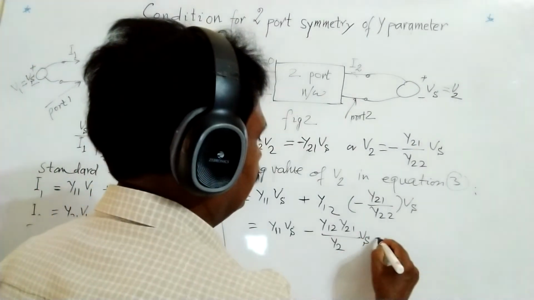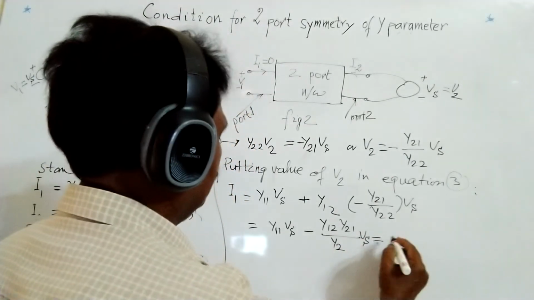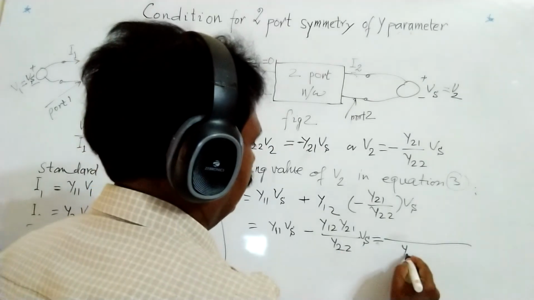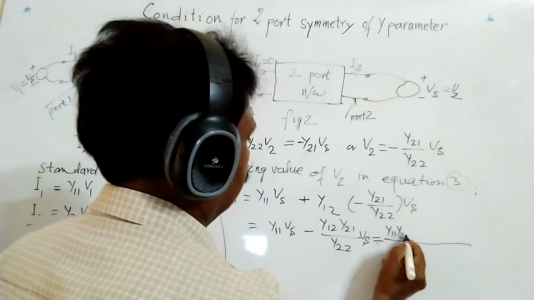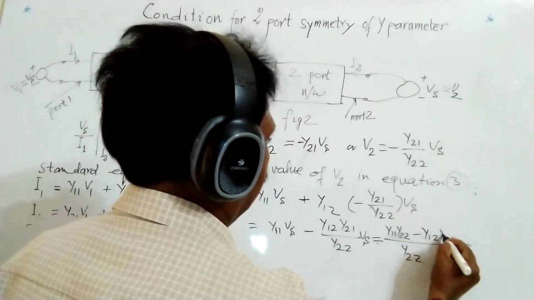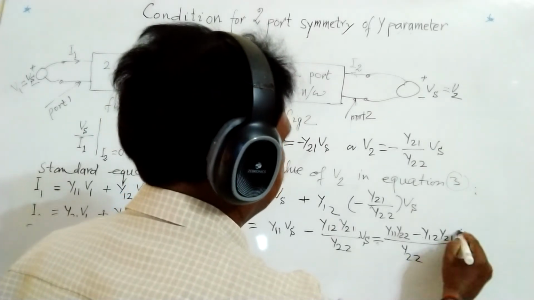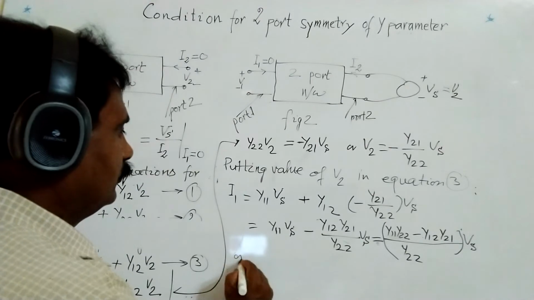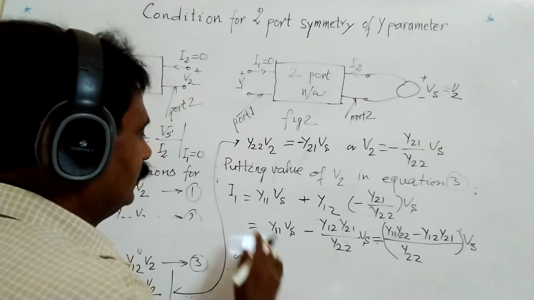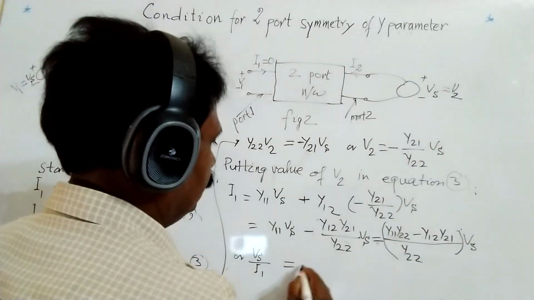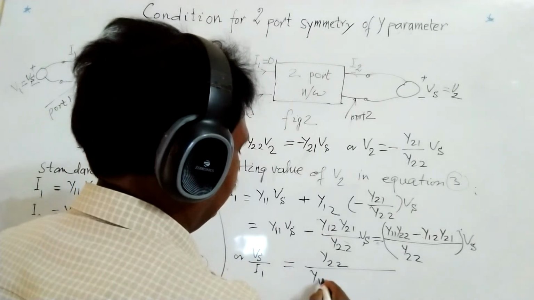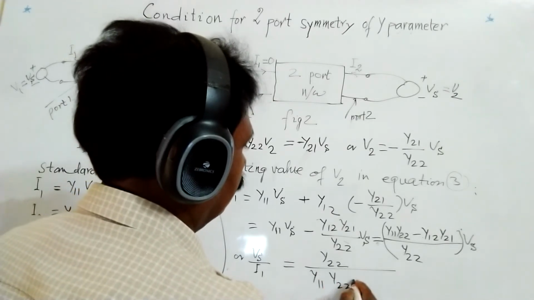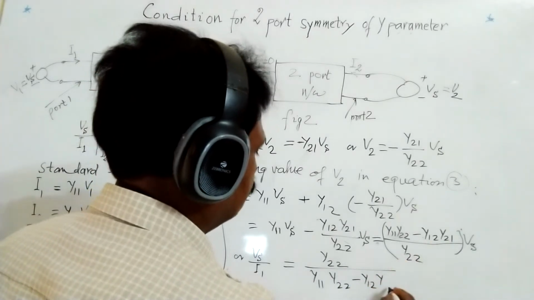Now taking Vs common, we get I1 equal to (y11 y22 minus y12 y21) by y22 into Vs. Then dividing, Vs by I1 becomes y22 divided by (y11 y22 minus y12 y21).